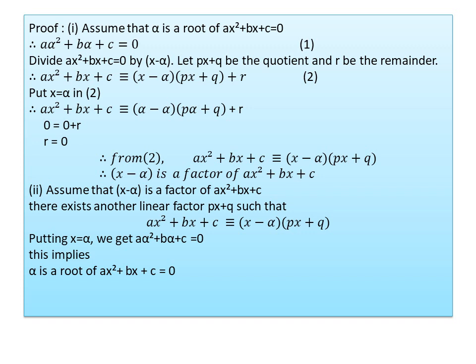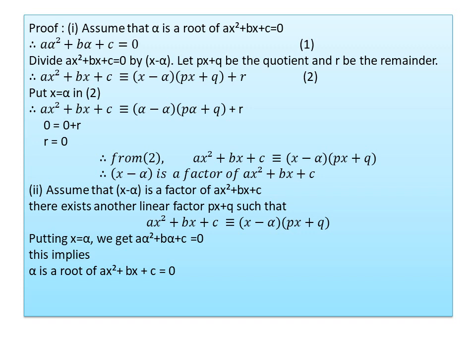As we have divided many other algebraic expressions in our previous classes, in the same way we divide this also. Therefore, ax square plus bx plus c is equivalent to x minus alpha into px plus q, plus r. This is our simple formula: dividend is equal to divisor into quotient plus remainder.